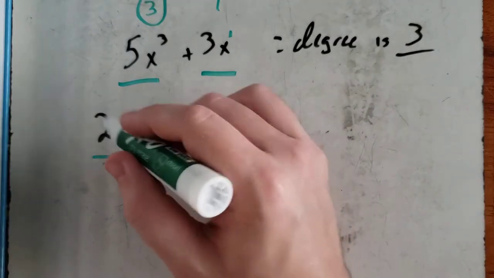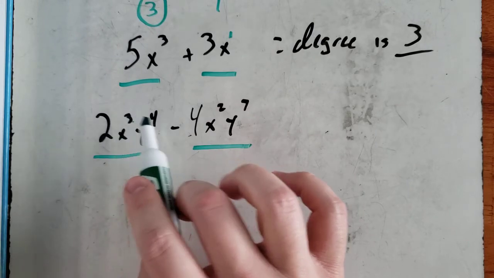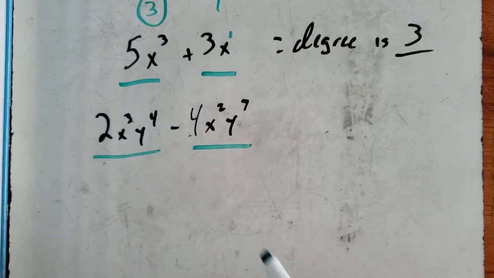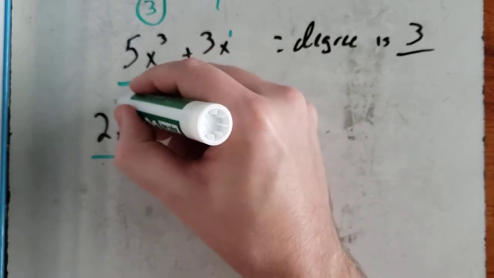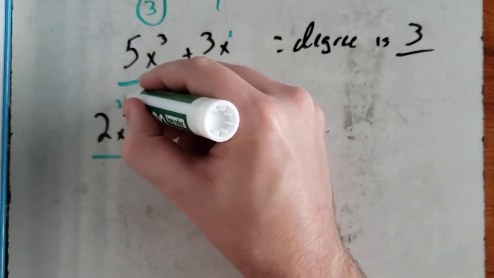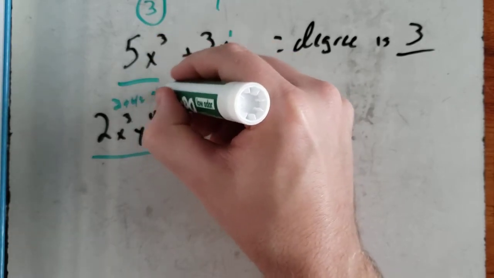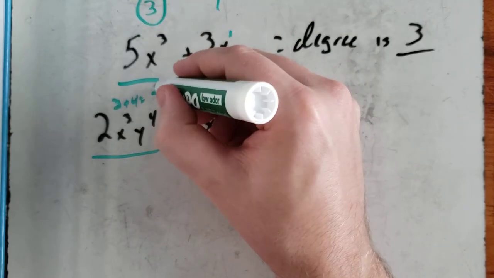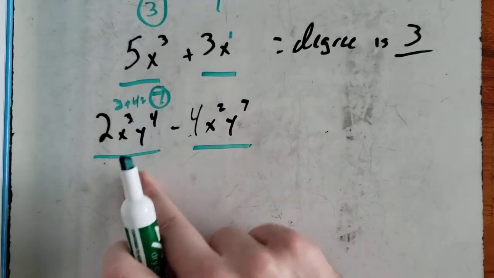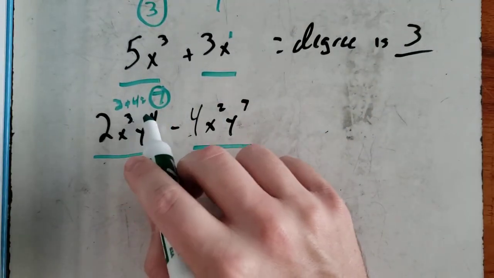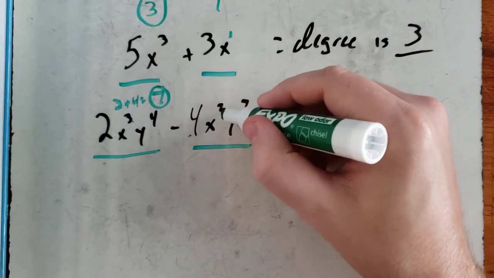So our first term has an exponent of 3 and an exponent of 4. We add these two up: 3 plus 4 is 7. So that's our degree for our first term, 7. If you look at this one here, we have x squared, y to the 7th.